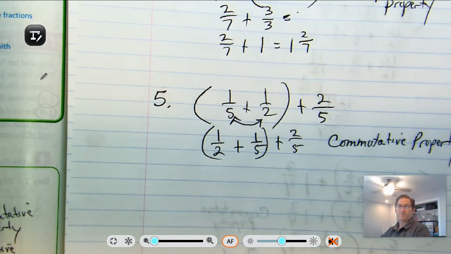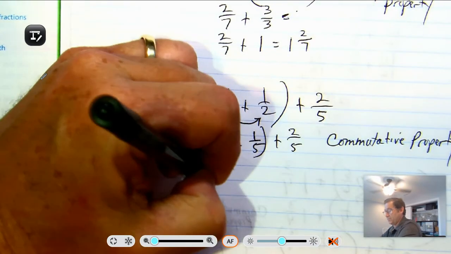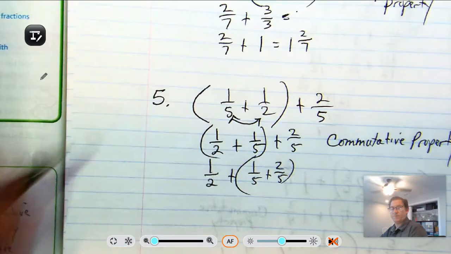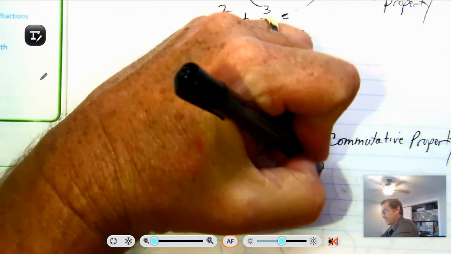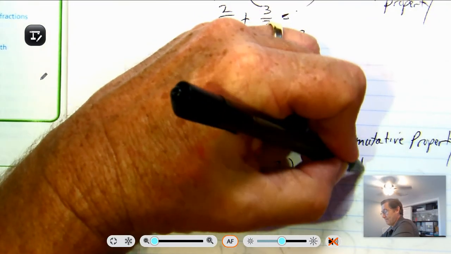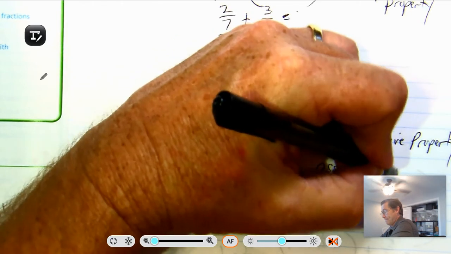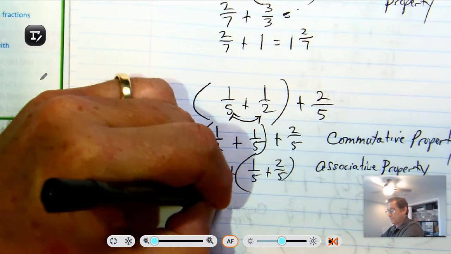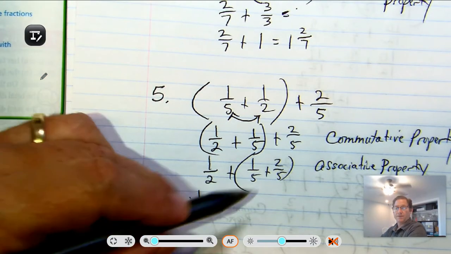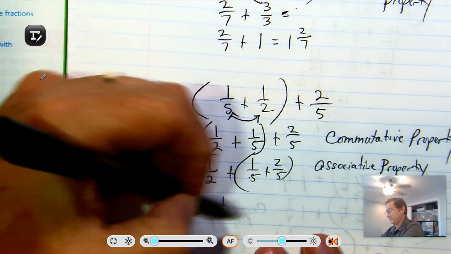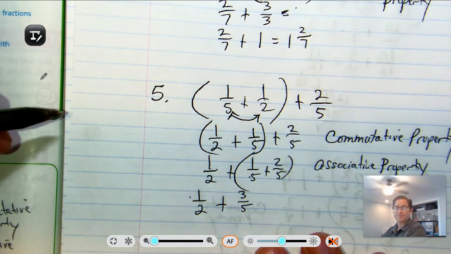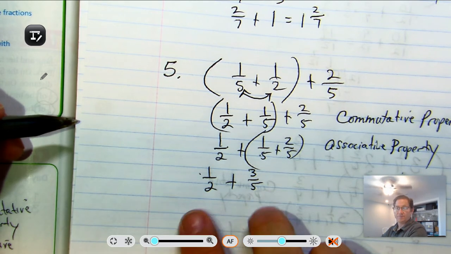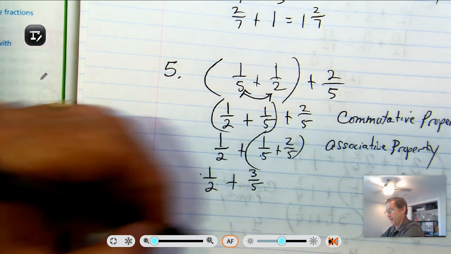Now we're going to use the associative property to join 2/5 and 1/5. One half plus 1/5 plus 2/5. That's 3/5. Well, we can multiply both of these fractions by the opposite denominator.